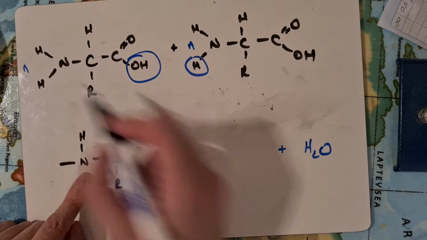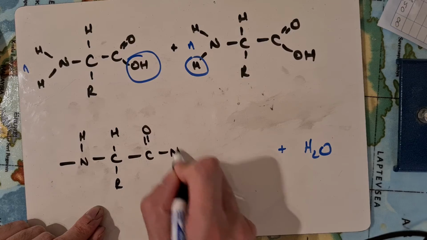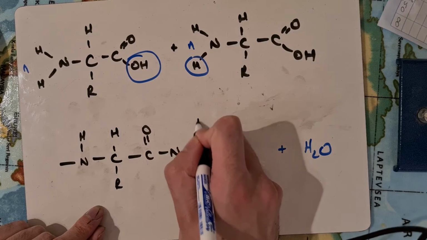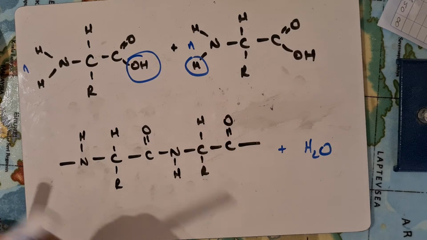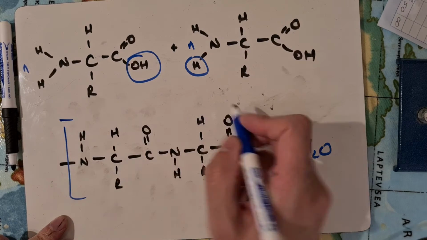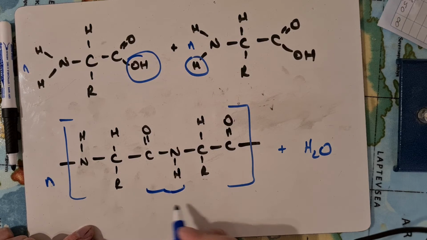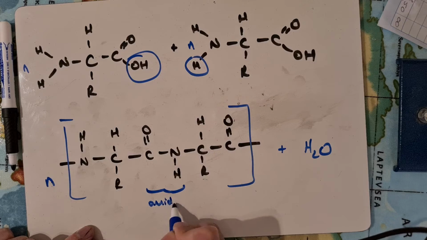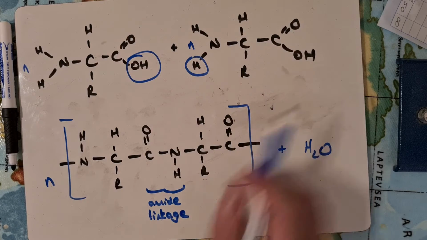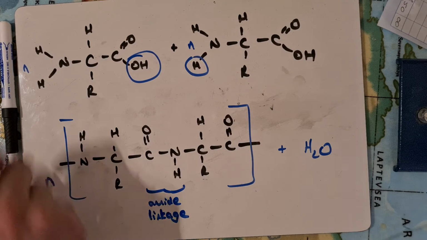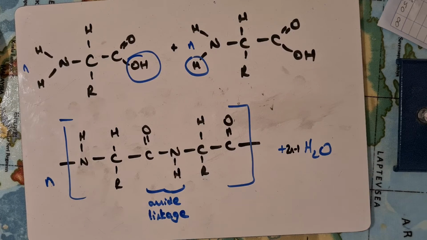A hydrogen comes off the amine group, and that continues the chain that way. Then we have our amide, and that'll be N. Here we've got our amide linkage or amide bond. This will form an amide bond that way, and an amide bond over there. And so once again, we'll have 2n minus 1 H2Os produced.